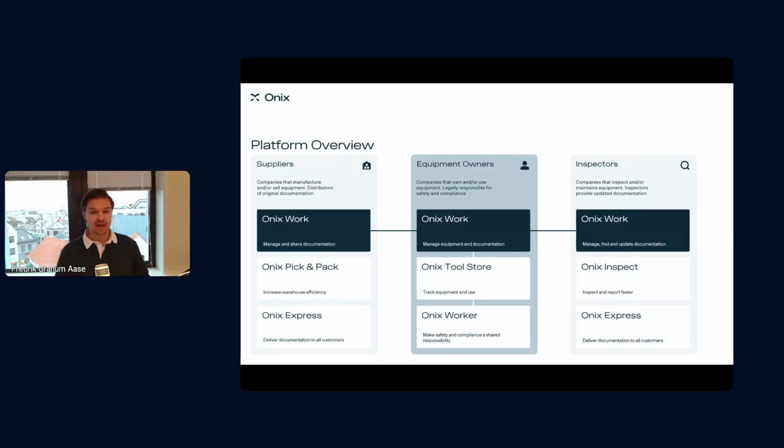Here you can see we have three main segments: the suppliers, equipment owners, and inspectors. We are now focusing on the middle part, the equipment owners, where we will look at dashboards within Onix Work. We will look at Onix Tool Store, how you can track equipment, and Onix Worker, which is the mobile app for the user and the operator of equipment.